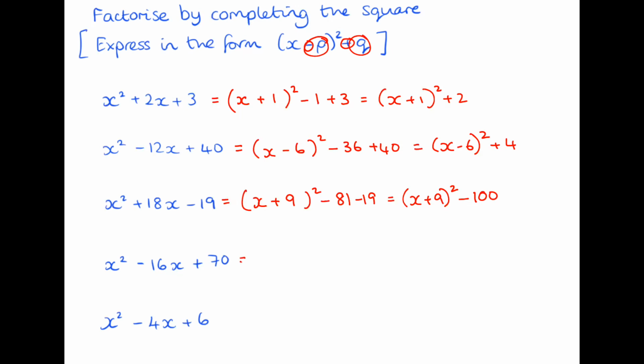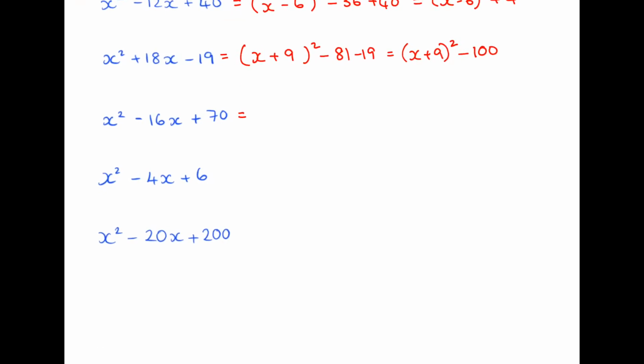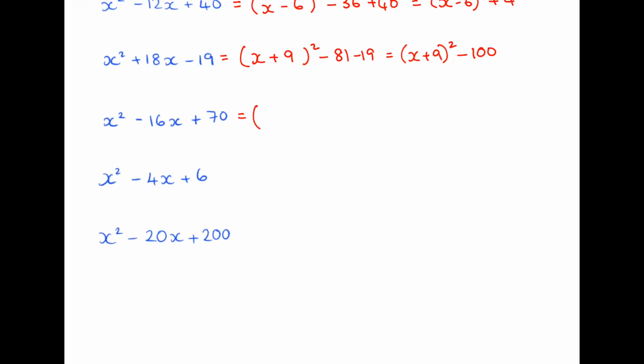And then next, squared bracket, x at the beginning, half of the coefficient of x, so that means the number multiplying the x, take off that thing squared, you've still got +70 there, so you've got (x minus 8) squared plus 6.